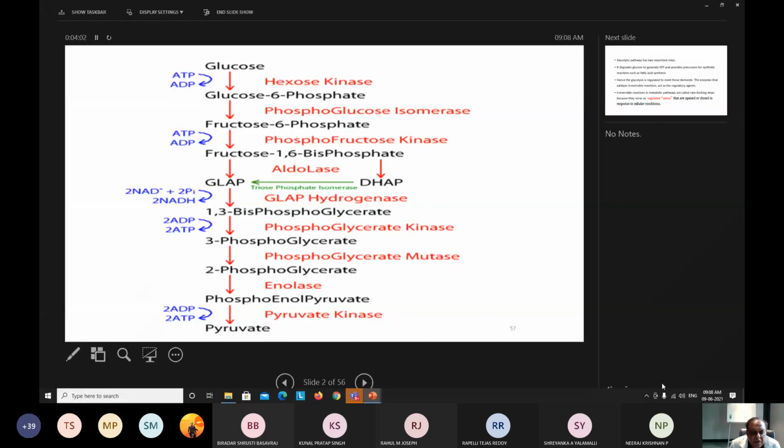Finally, the last one is called the production phase, or beneficial phase. The enzymes involved are hexokinase, phosphoglucose isomerase, phosphofructokinase, aldolase, and so on. In this pathway, at 3 places it is irreversible, and that is what regulates this pathway.